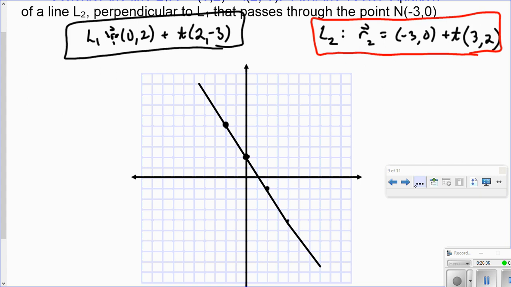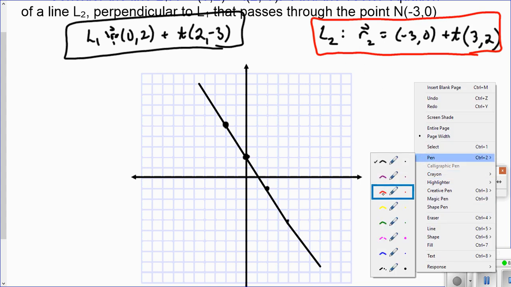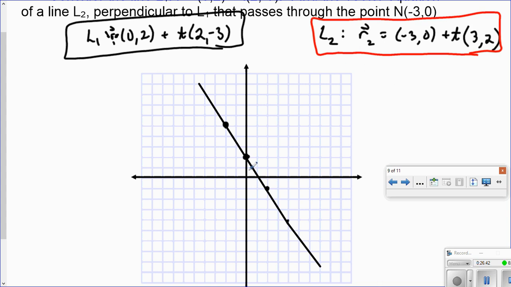And then in red, I'm going to graph (-3, 0). So -3 is here, and 0. Then I'm going to go over 3 and up 2, over 3, up 2, and just keep going on and on.